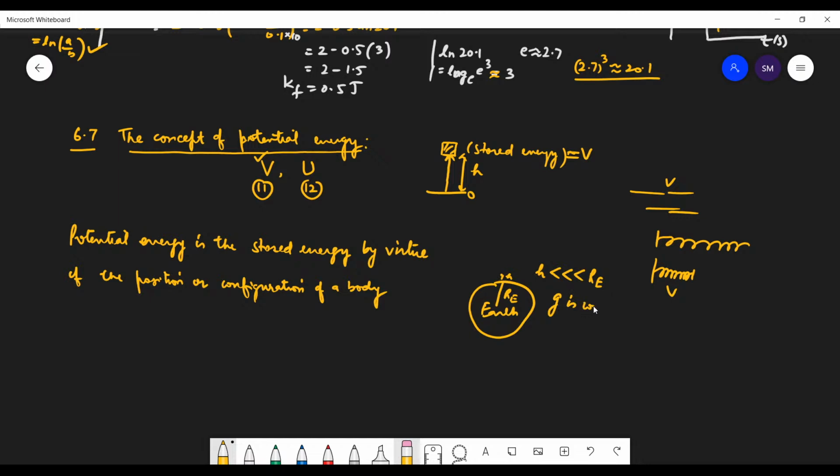So when the potential energy is due to the position or configuration, if I change this configuration, if I bring this object over here, the potential energy will be different. So it is due to the position or the configuration of the body.